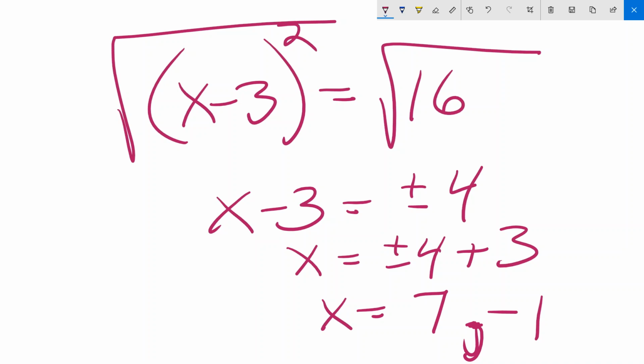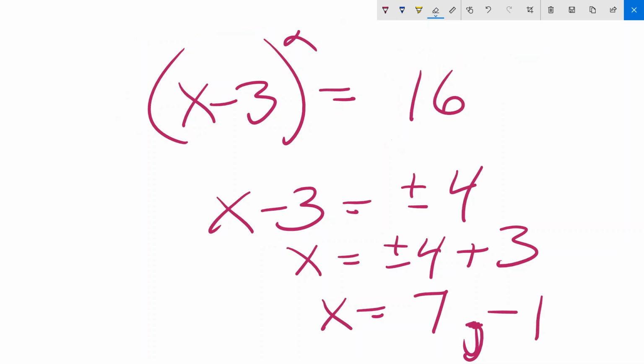So maybe the rule should be, no, you don't even want to say get rid of exponents, because that can often mean multiplying that thing out. In other words, the first step could have been to multiply that on the left out. Do x minus 3 times x minus 3.